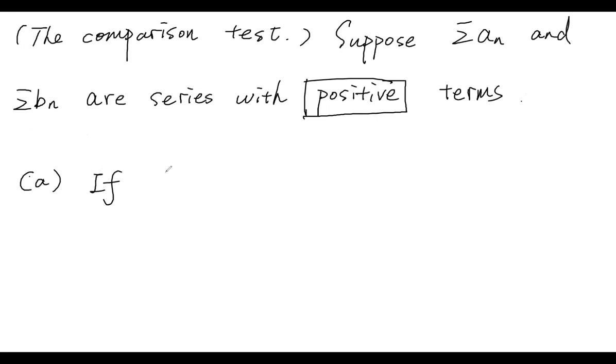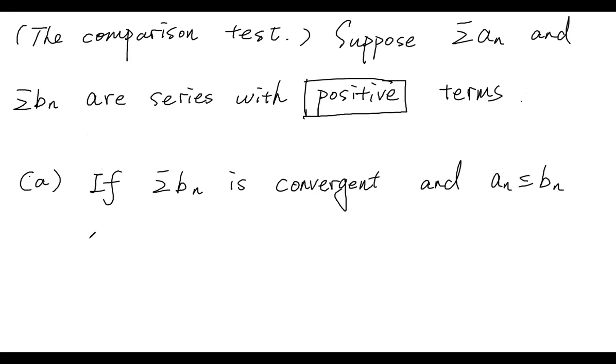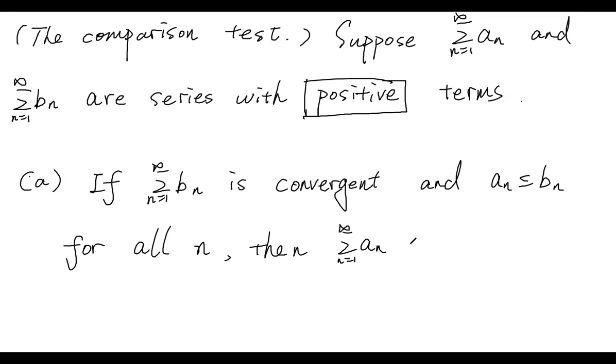If the series Bn is convergent and An is less than or equal to Bn for all n, where n starts from 1 to infinity, meaning every term in the series An is less than or equal to the corresponding term in the series Bn, then the series An from 1 to infinity is also convergent.